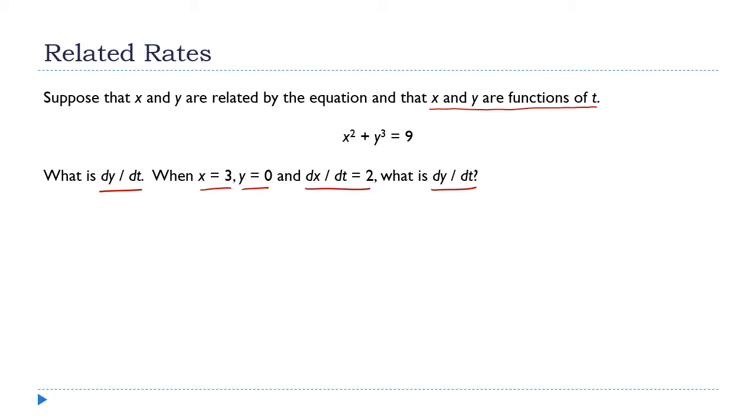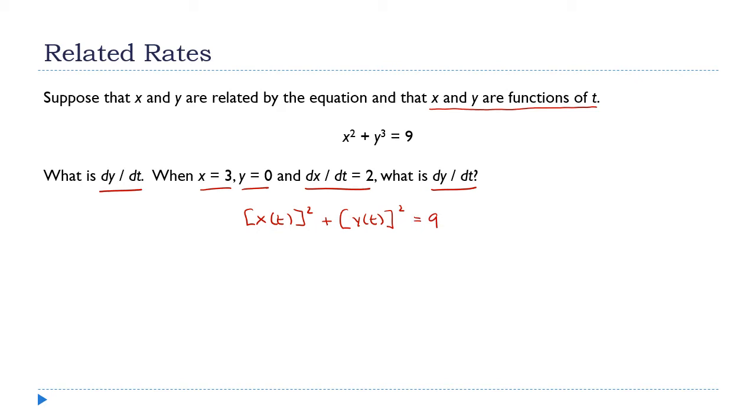So let's work this out. Like I said, I'm not going to do this all the time, but I really want to emphasize this here in the beginning. I'm going to rewrite this: x of t squared plus y of t squared equals 9.